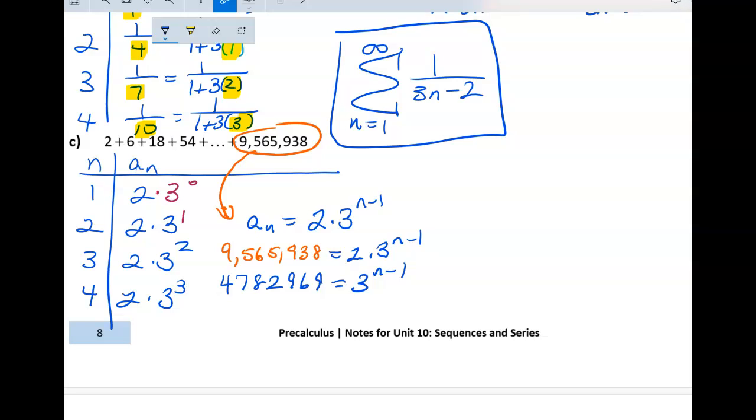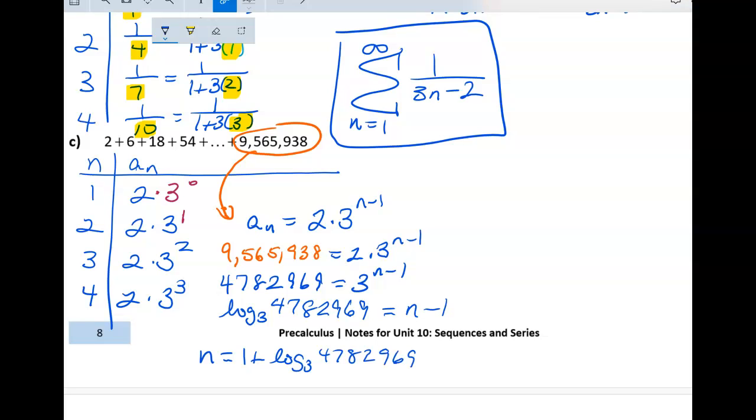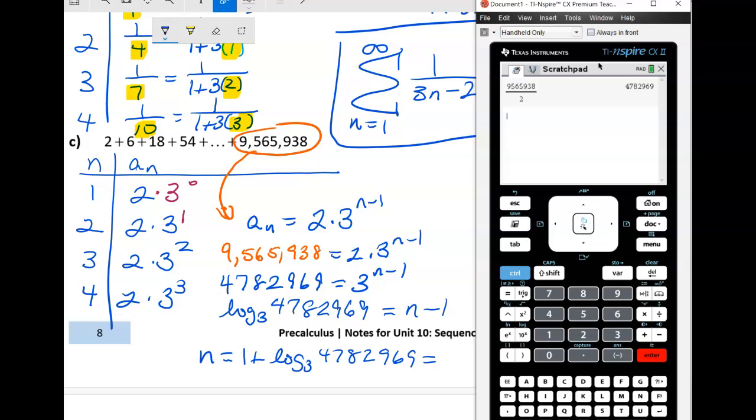So now if we use logarithms, the log base 3 of that number, 4,782,969, is equal to n minus 1. And so adding 1, n is 1 plus the log base 3 of 4,782,969.